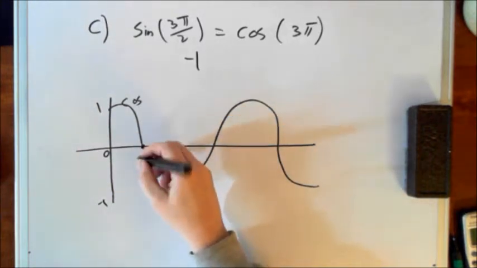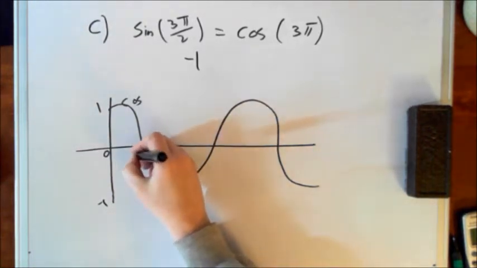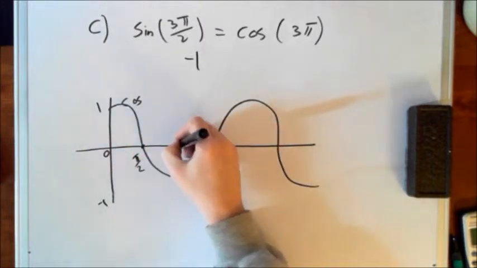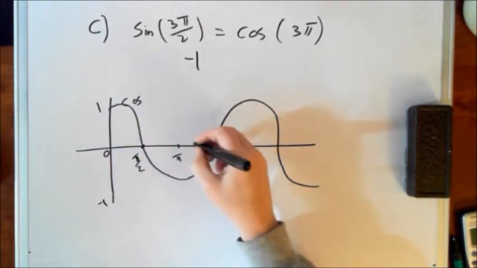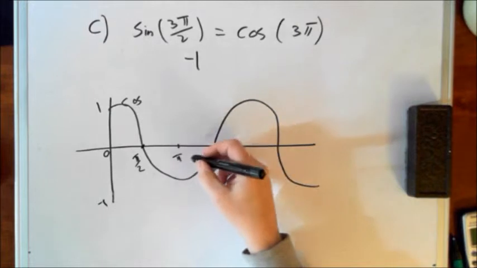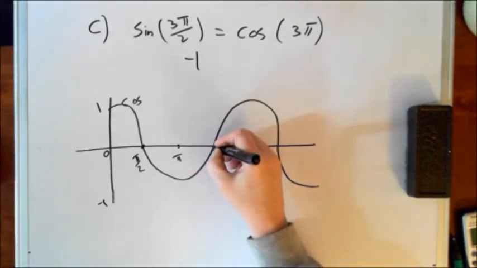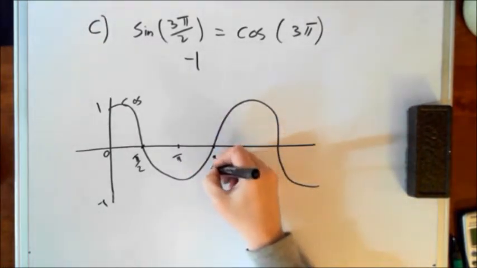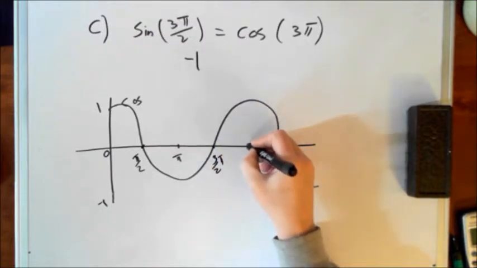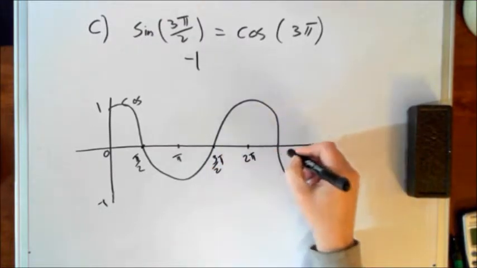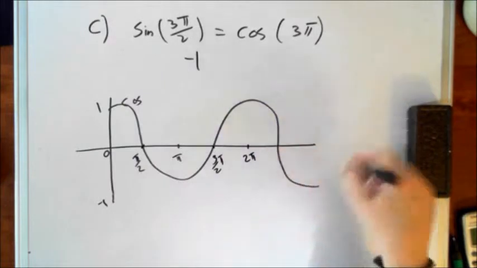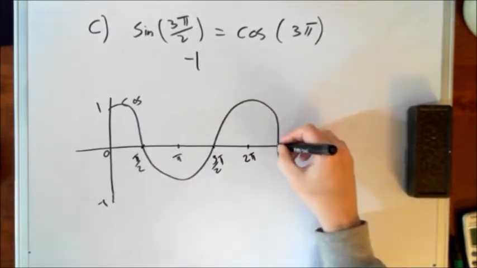It crosses the x-axis at half pi. And again, going in 90-degree or half pi increments. Crosses again at 3/2 pi, 2 pi. And this is just carrying it because it continues to repeat, so just carrying it on out.